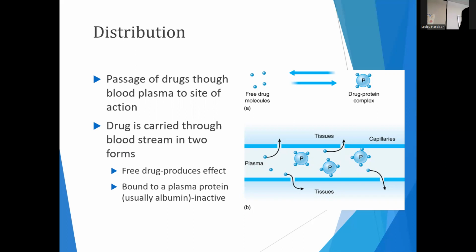The biggest thing about those two aspects is that if it's bound, it's pretty much inactive. If a drug is highly protein bound, and there's just a little bit of drug free floating, then it's not a very potent drug. The body has captured it and isn't letting it do anything.